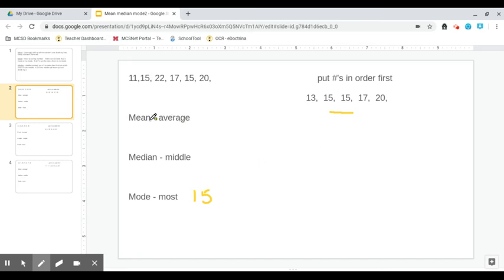Now our mean is our average. We have to add these numbers up. 13 and 15 is 28, and 15 more is 43, and 17 more is 60, and 20 more is 80. So I add them all up and I got a total. Now to get the average, we have to divide by how many numbers we have.